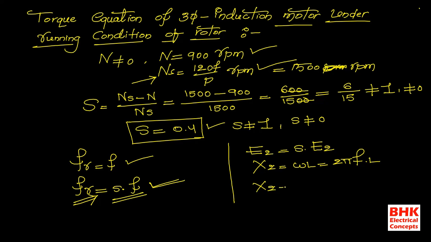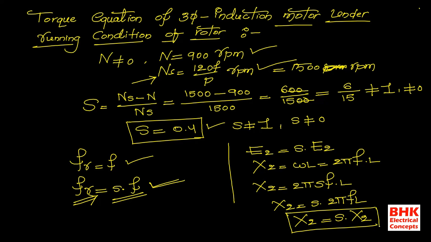So you can directly write X2 is equal to 2 pi into F. Instead of F, I need to place S into F, and L as it is. So X2 is equal to S into 2 pi F L. Okay, so that is the reason why, in case of running condition of a rotor, you need to consider S into X2.